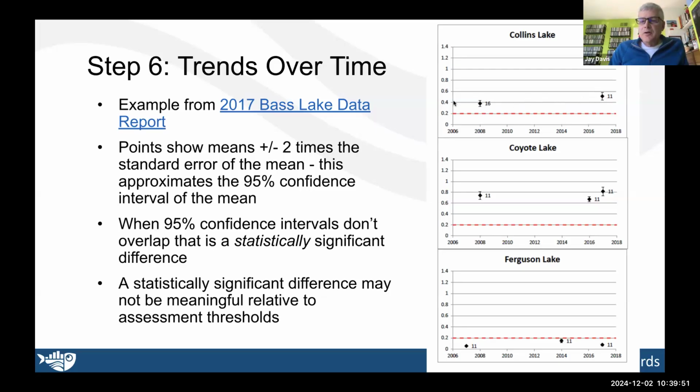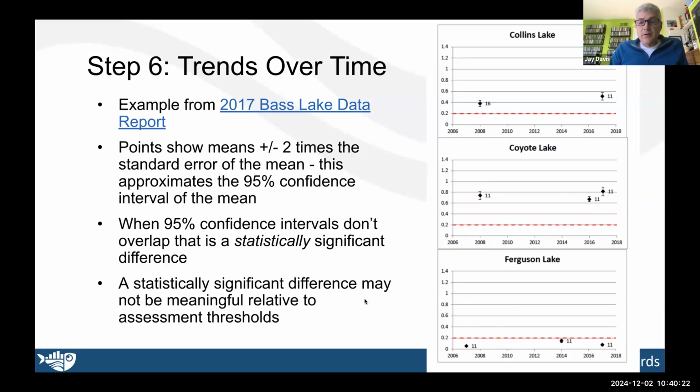As you can see here for Collins Lake, Coyote Lake we talked about before. And so this is a kind of a medium contaminated lake. Coyote Lake's getting higher, not above 1 part per million, but around 0.8. And then also for relatively clean lakes like Ferguson Lake, the low values are consistent over time.